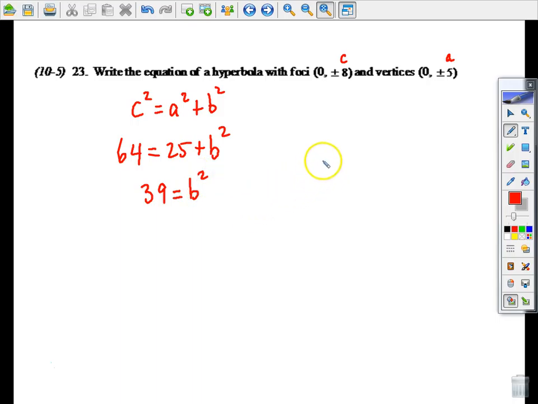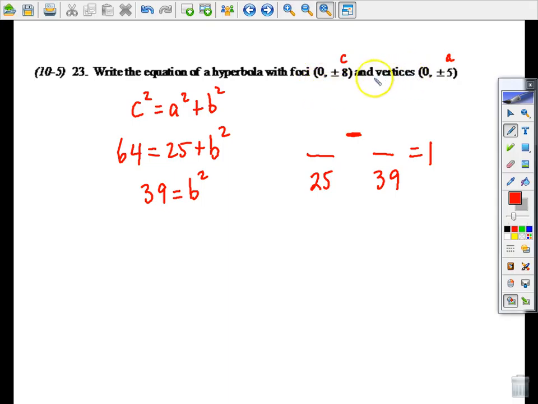Now hyperbolas are a little different. In this case, I'm going to write the part that never changes. First of all, hyperbolas have minus. A squared is always the first denominator. B squared is always the second. That never changes for hyperbolas. What does change is where we place x squared and y squared. We need to notice on which axis the foci and the vertices are located.